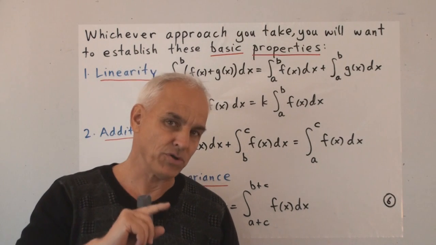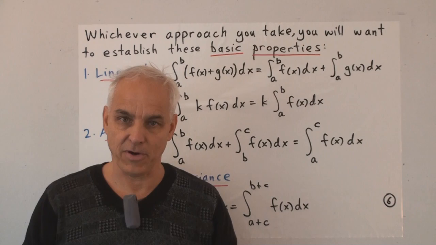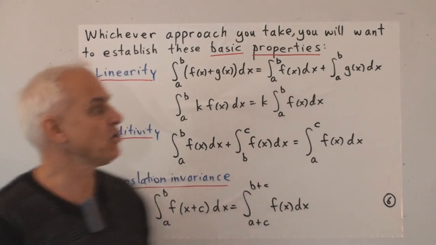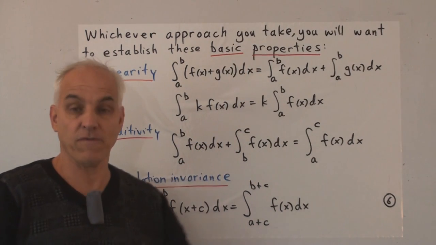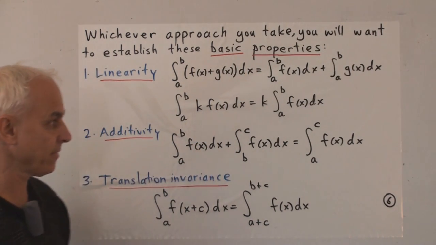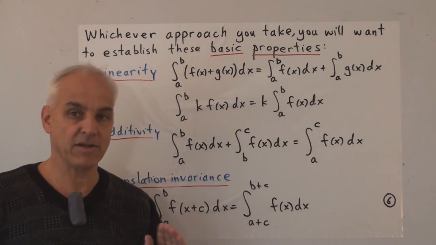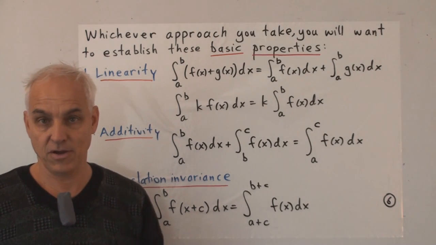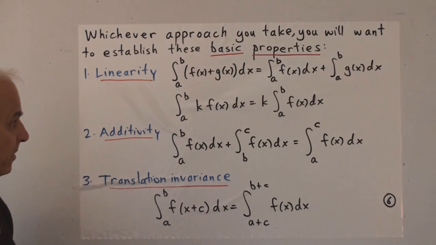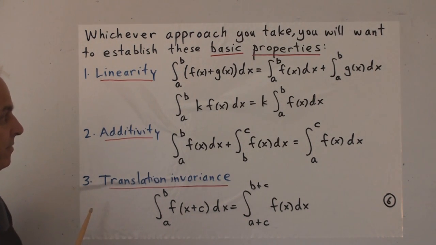Now, whichever approach you take towards trying to set up an integration theory, you are going to want to establish certain basic properties of your integral. And I want to list some fundamental basic properties that are going to be crucial in any theory of integration. The first we might call the linearity properties, and there are two of them.